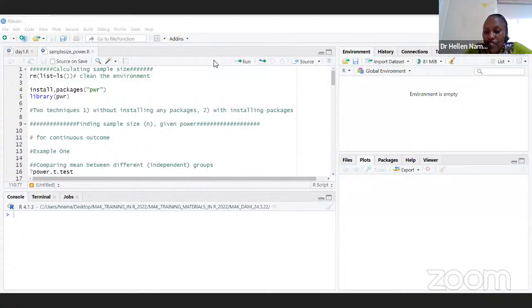So when you check in Dev 4 material, there is an R script called sample_size_power.r. Right now, I want you to open this script so that we follow through the commands and see how we can determine the sample size. Open the R script in Dev 4 and we continue.